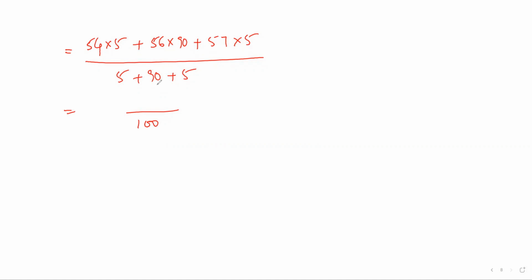Okay. So everybody got this answer or not? Yes, sir. Okay. So that is how you should find out average atomic mass. Did you understand how to find it? Yes, sir.